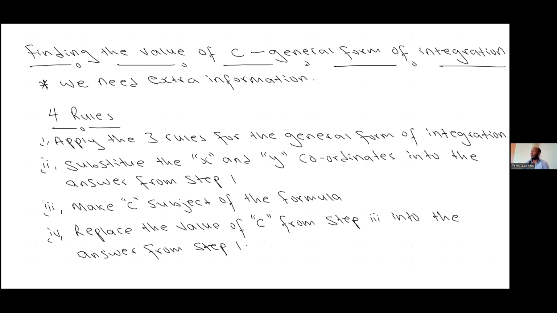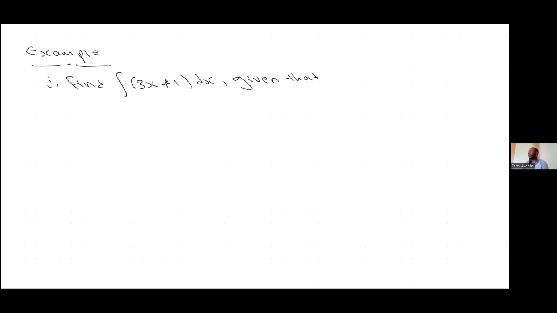Okay, so let's pick an example here. So let's assume we're told: find the integral of 3x plus 1 dx, given that the curve passes through (1, 2).